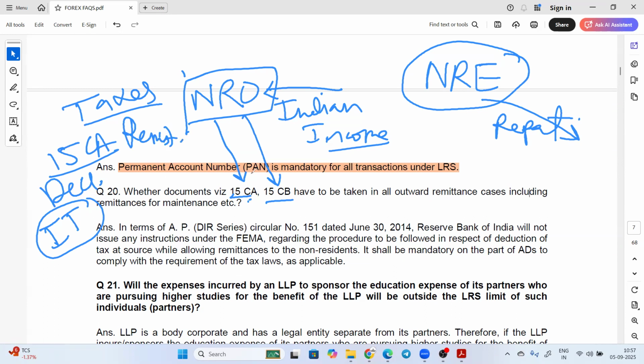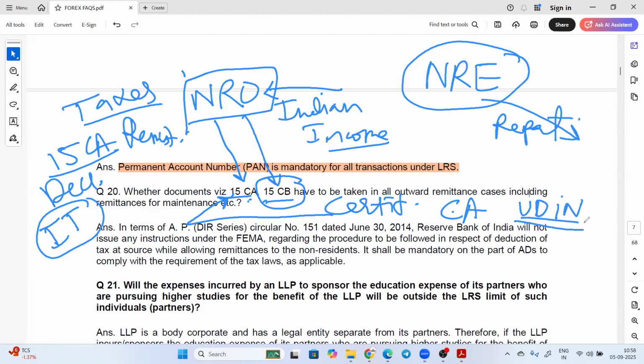And what is 15 CB? 15 CB is the certificate of the chartered accountant that whatever this customer is accepting or declaring in 15 CA is correct. That certification will be given by the CA in Form 15 CB, and it should be accompanied with UDIN number. UDIN number is also mandatory in this.